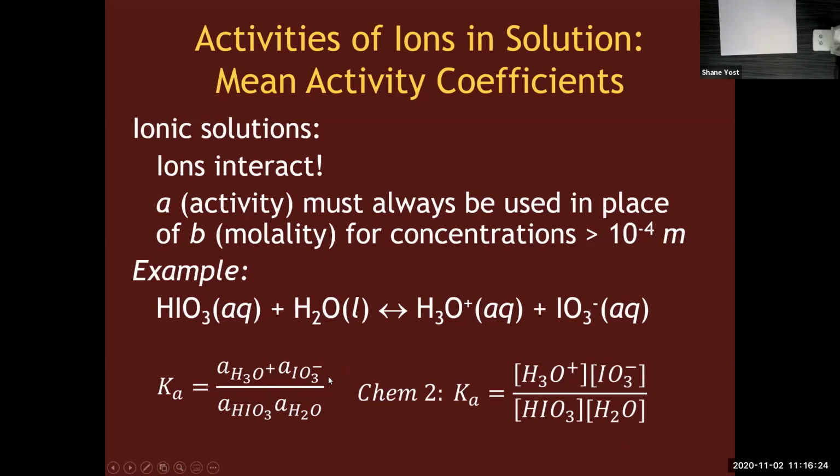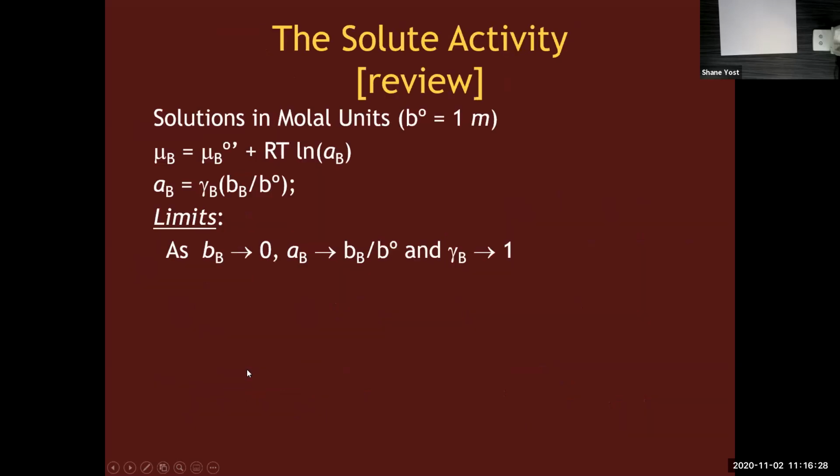And so the question is, what are the activities of different ions in solution? To get that, we again use the fact that the chemical potential is related to the activity of the ion, which is an activity coefficient times the ideal concentration, the molality, that b sub B. Probably should have picked a different symbol for the solute besides capital B here.